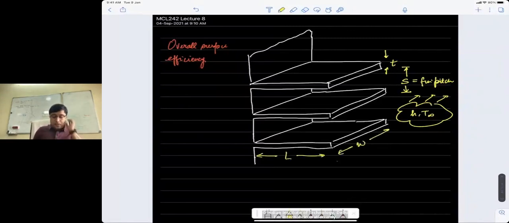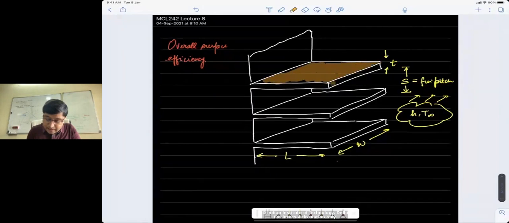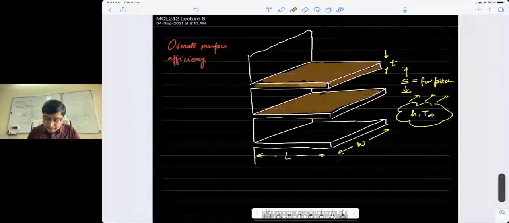Now, for this kind of arrangement, there are two surfaces from which heat transfer will actually take place. One surface is of course the surface of the fin, which I can describe by this area. If you see, it is this area and this area, and of course maybe this area and the bottom area, and so on and so forth. So all these areas are contributing to heat exchange with the surrounding fluid.